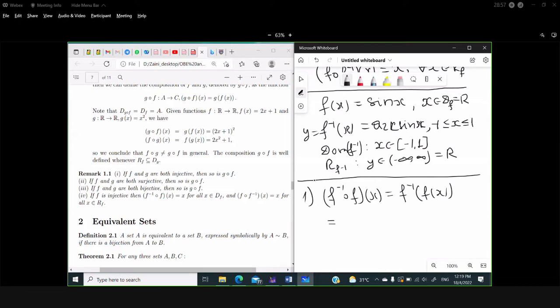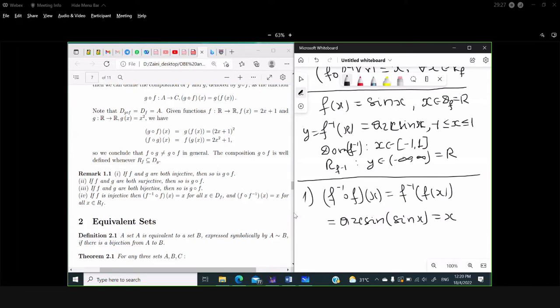This is arc sine of sine x equal to x. But here x should be in the domain of f.